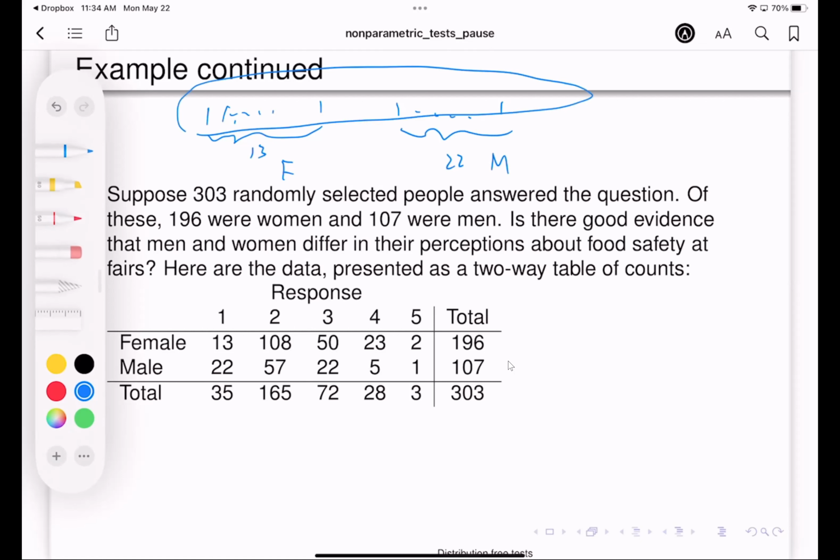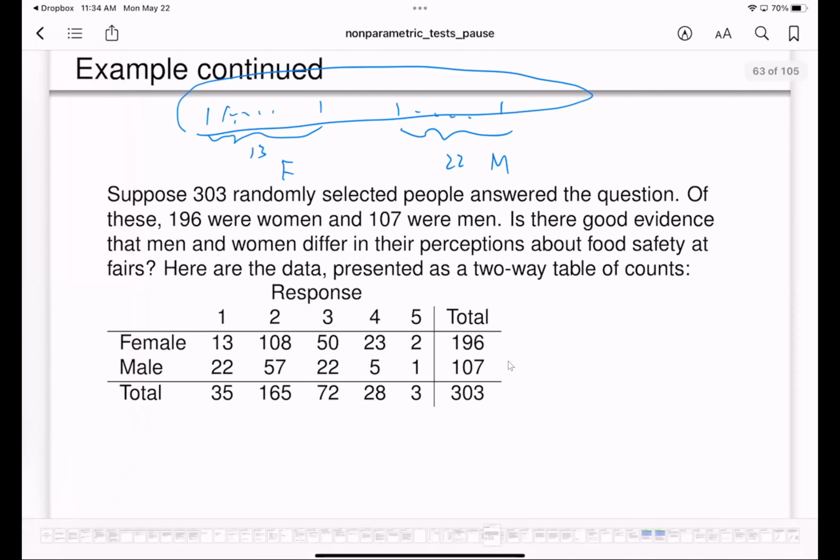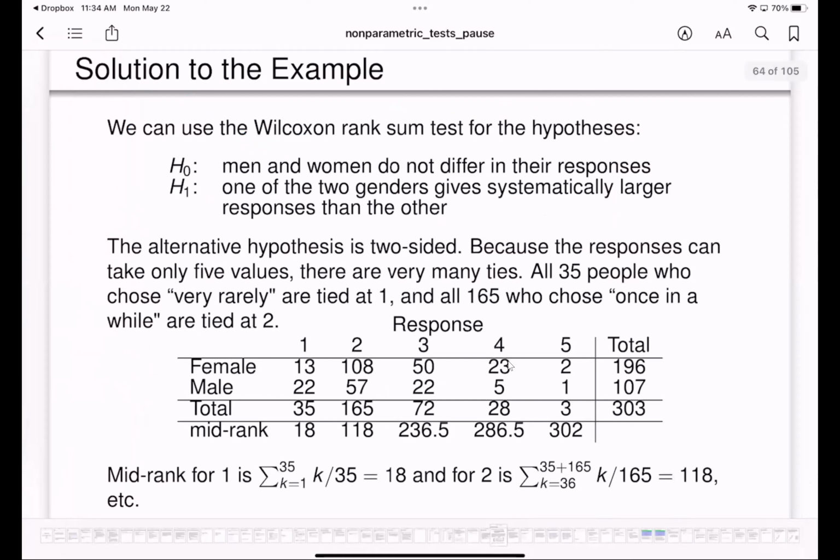And then when we try to conduct the test, we will need to use these values 1, 1, 1, 1, and so on, and then run the Wilcoxon rank sum test. When we do that, these tied values will receive mid-ranks. For example, let's consider response value of 1.